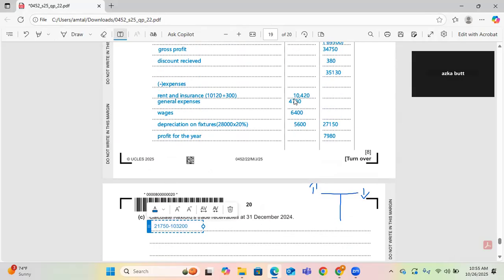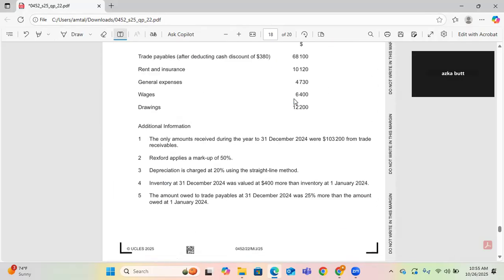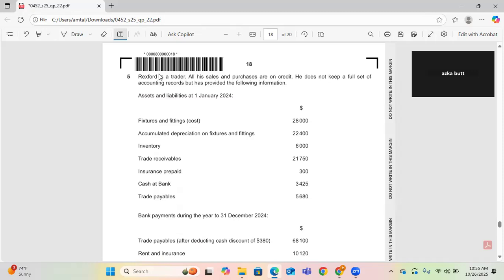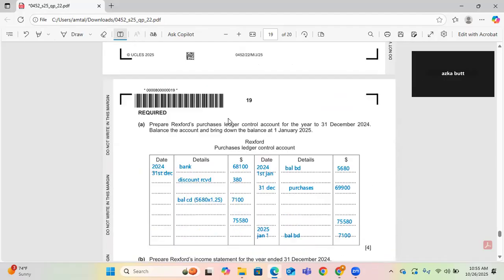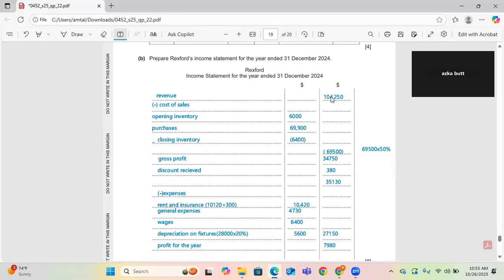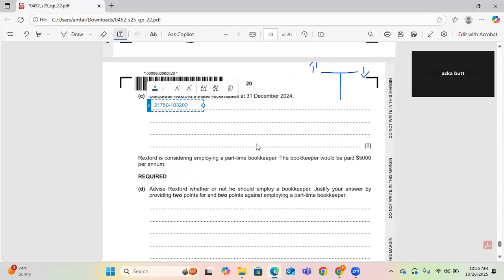And then you can see that here they are saying that Rexford is a trader, all his sales and purchases are on credit. So it means that all the revenue is the credit sales. And we know that whenever there are credit sales, we will be writing it on the debit side.